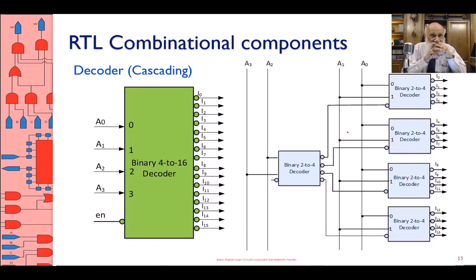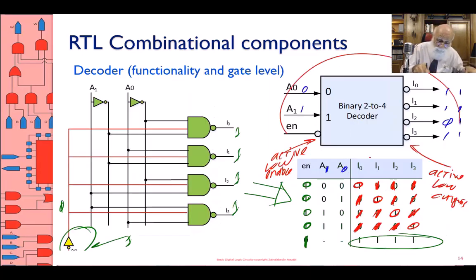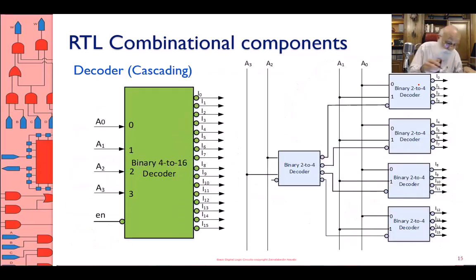A 4 to 16 decoder. How many outputs do you have? 16. The only component I'm giving you is a 2 to 4 decoder. A 2 to 4 decoder gives you 4 outputs.